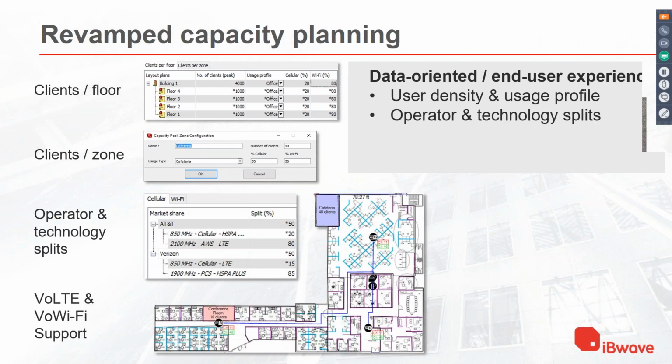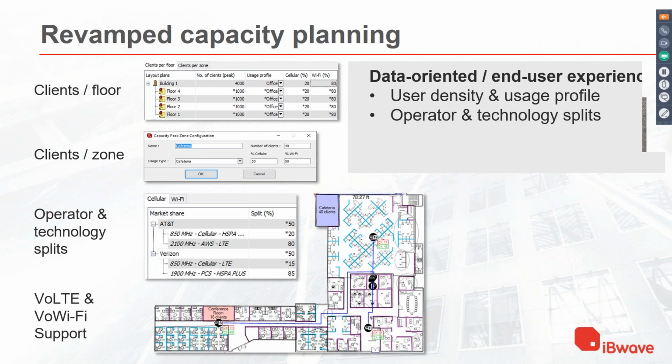In some large venues you typically have multiple operators, and so here you can take into account the different splits or market splits between operators. You can see an example here in that little window of a couple of operators, and then you also have technology split. In this example, the first operator is 20% HSPA and 80% LTE.